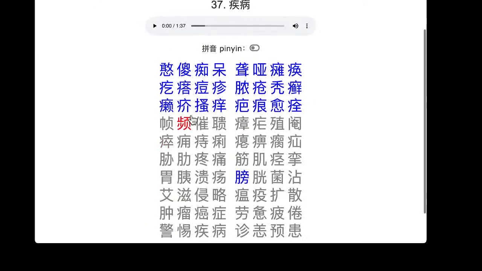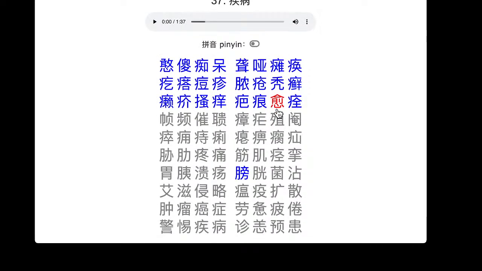Okay, line 2. Wait, hold on. We went through etymology. Alright, so this 语 on top is 愉 like in 愉快. Yeah, which means in a happy, in a good mood.